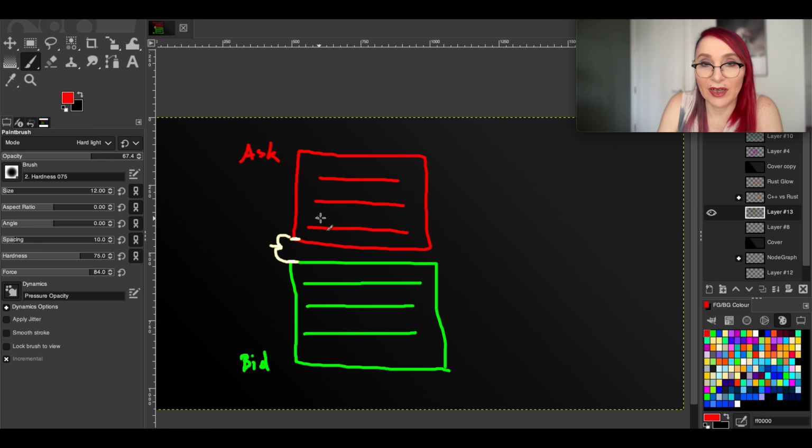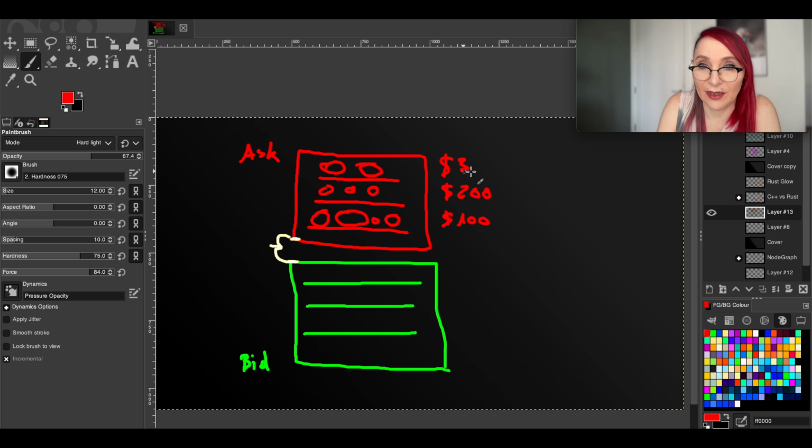And on each of those levels there are some orders. There's one order, some other order, maybe bigger, maybe smaller, some other orders, and each price level has some price. Let's say this one is $100. This one is, let's say, $200, just for illustration.